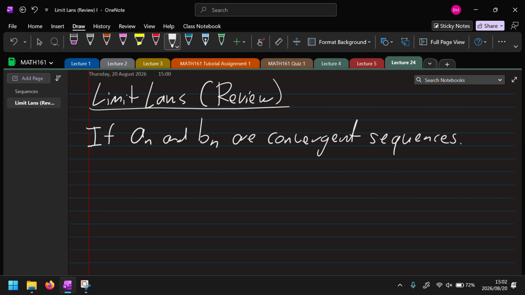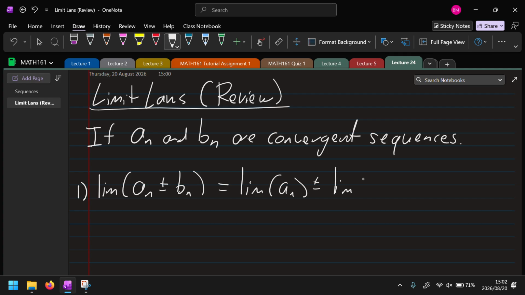We have a very similar thing now, but instead of those limits existing, we have sequences that are convergent. But we know convergent means the limit exists from before. So there's a few laws here. They should look familiar to you. We have the limit of a_n plus or minus b_n is equal to the limit of a_n plus or minus the limit of b_n. Again, both of those must be convergent.